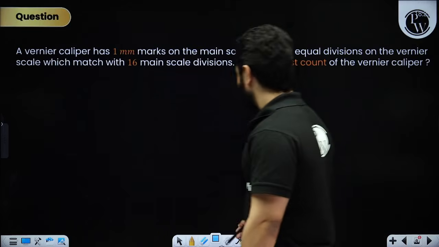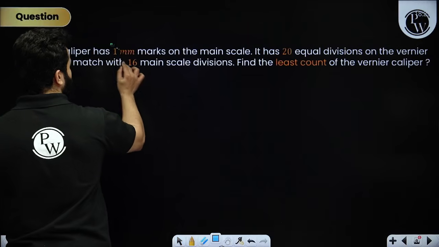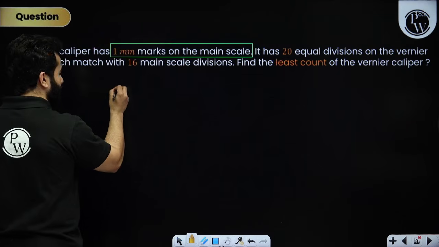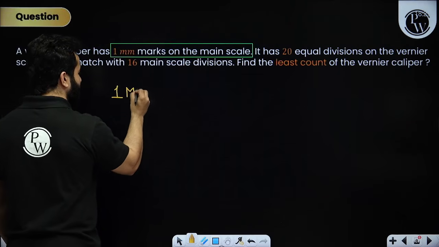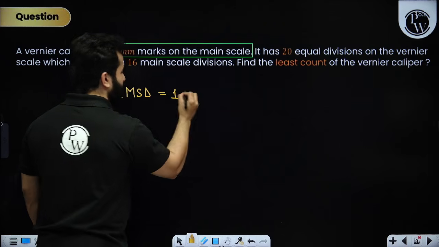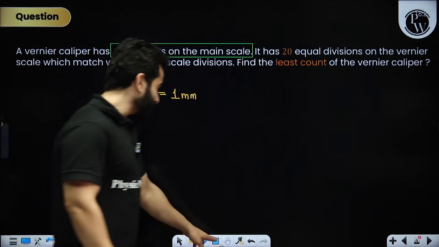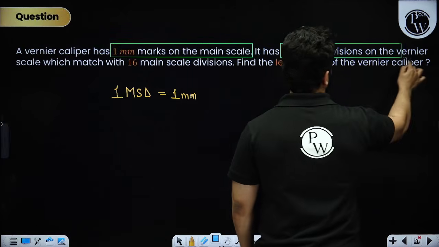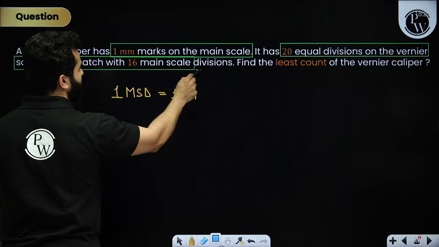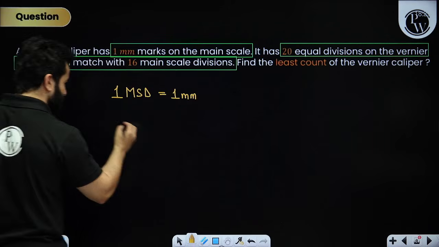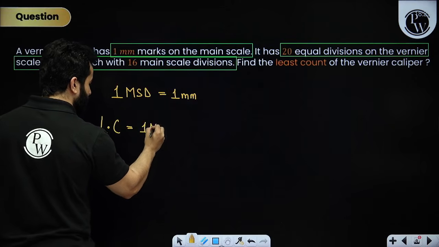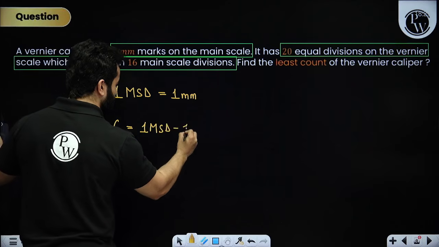Basically they are going to say that a Vernier caliper has 1 millimeter marks on the main scale. That basically tells us that 1 main scale division is equal to 1 millimeter. Fine. Then they are saying there are 20 equal divisions on the Vernier scale, which match with 16 main scale divisions. My dear friends, just now I told you that the formula for least count is 1 main scale division minus 1 Vernier scale division.